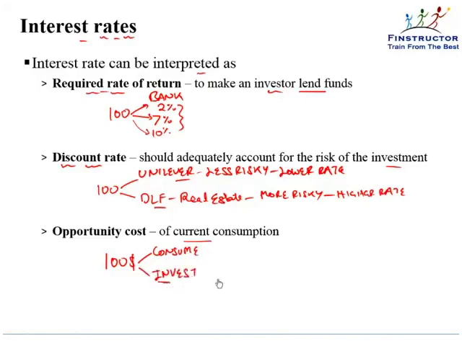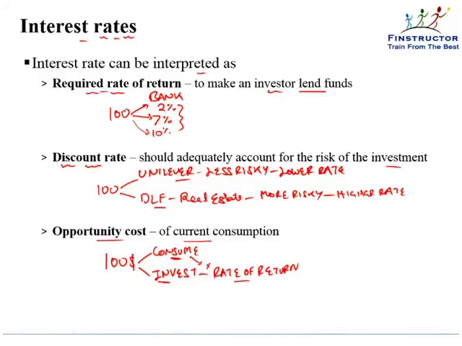If we invest the $100, we will get the interest rate, or a rate of return. If we choose to consume it, then we will give up on this interest rate. So interest rate can be thought of as the opportunity cost of consumption. That is, if you consume, you give up on the rate of return.